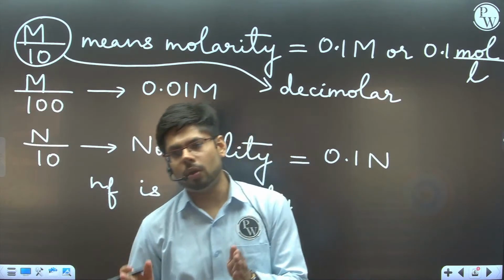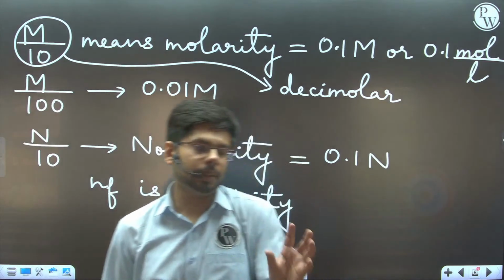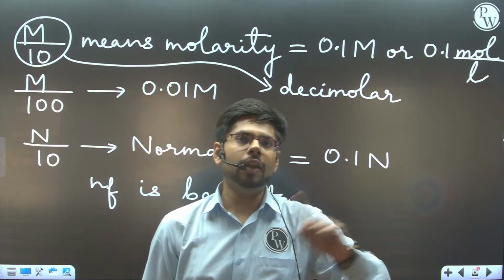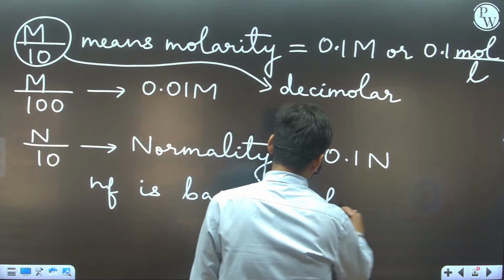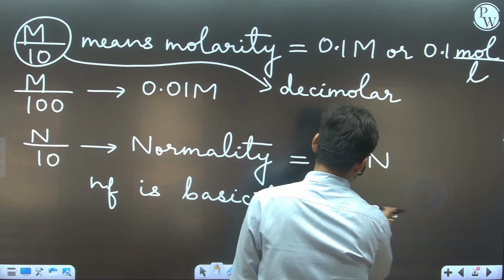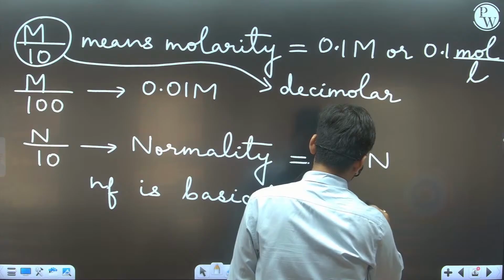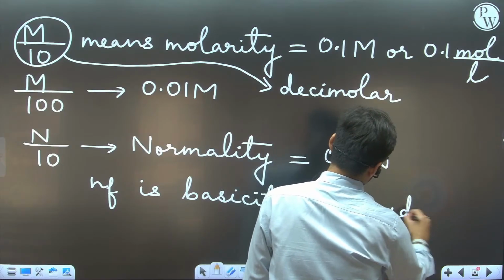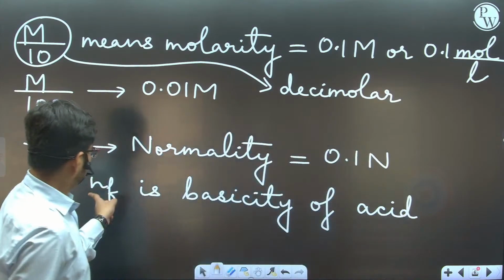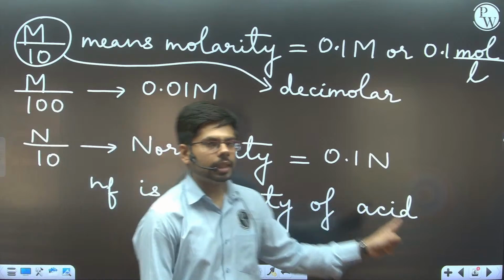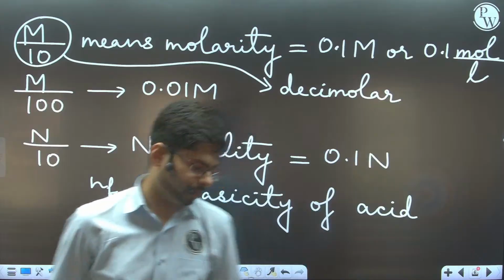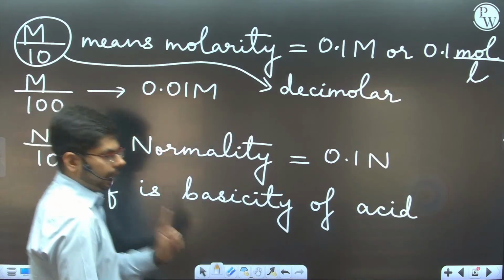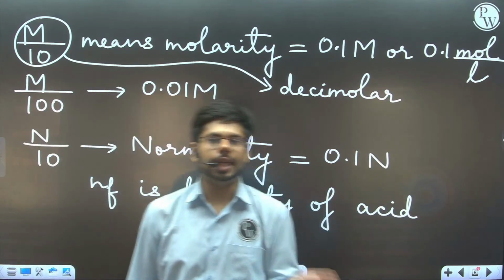So if we are talking about the n factor of an acid in an acid-base reaction, we will say that n factor of the acid is basicity of the acid. So n factor will be basicity of acid if the substance is behaving as an acid in the reaction. Similarly, for a base, we will say n factor is the acidity of the base.